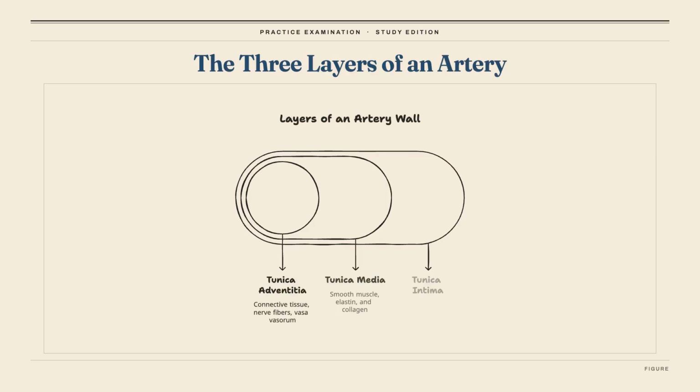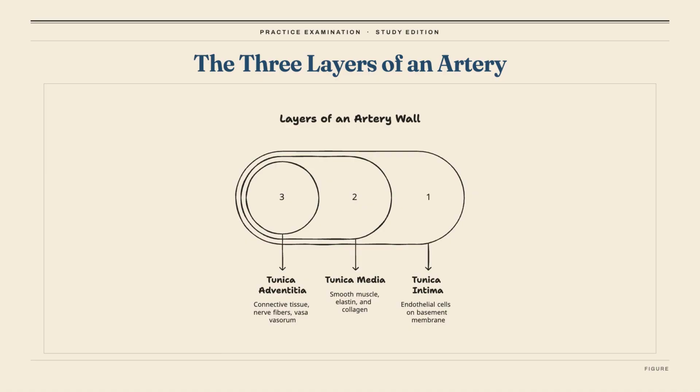The tunica intima is a smooth endothelial lining in direct contact with blood, and injury here is where atherosclerosis begins and where dissection starts. The tunica media, built from smooth muscle, elastin, and collagen, gives the vessel its strength and recoil, and its degradation is the fundamental lesion of aneurysm.